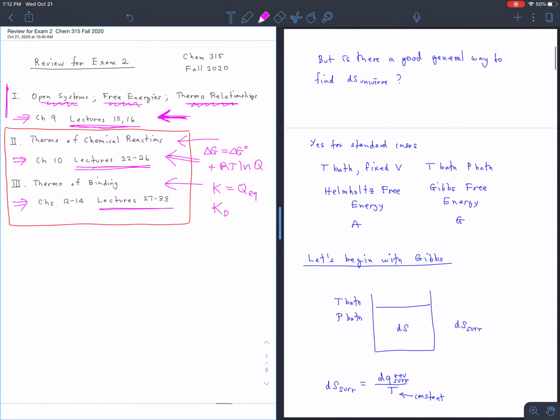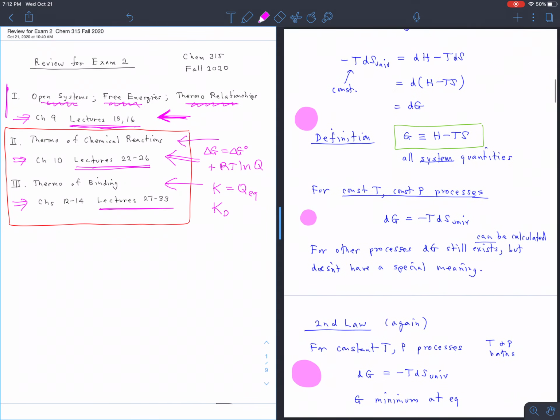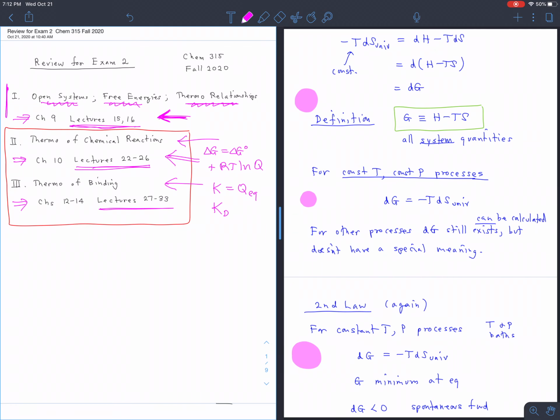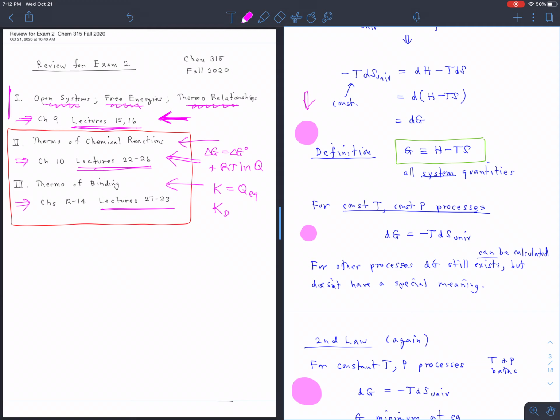To do that, I've put little pink marks throughout all these things. So there you can see them. These guys show the parts of these topics that we'll hit on as we're going through this overview.